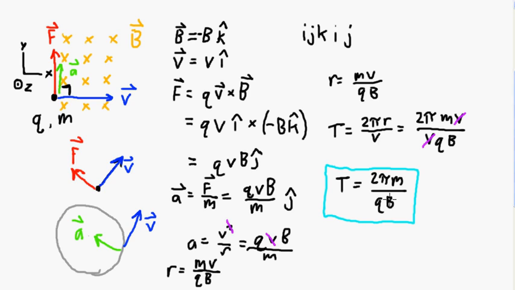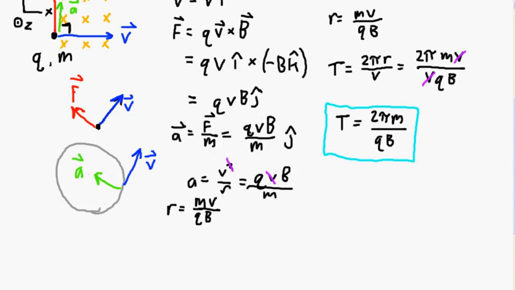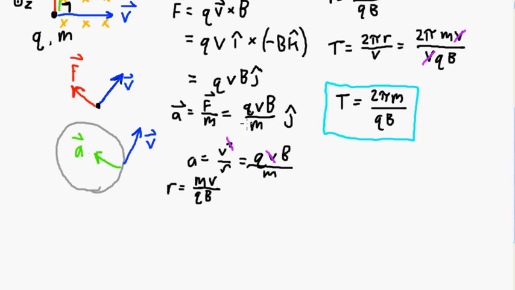But you'll notice that it does not depend on the radius of the circle, or on the speed. Any particle of any given mass and charge in a given magnetic field is going to make circles with the same period, no matter how big those circles are.